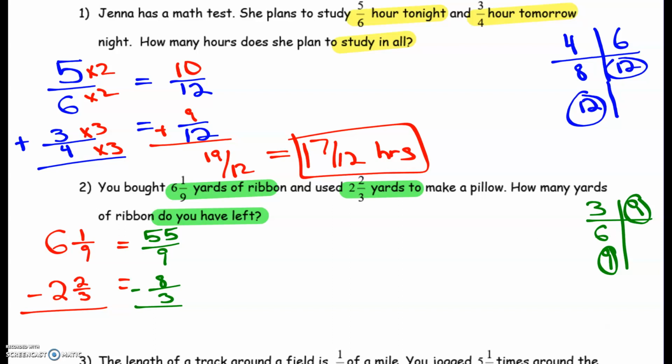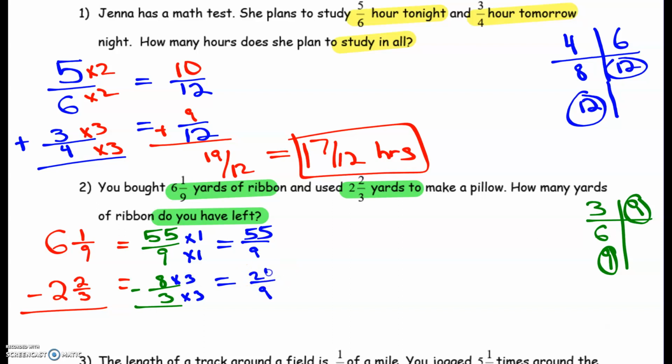Alright, in order for us to get 9 from the first fraction, we just need to multiply it times 1. And we keep 9. Whatever we do in the bottom, we do in the top. And it becomes 55 over 9. Same thing in the bottom. 9 divided by 3 is just 3. Multiply the bottom by 3. Multiply the top by 3.